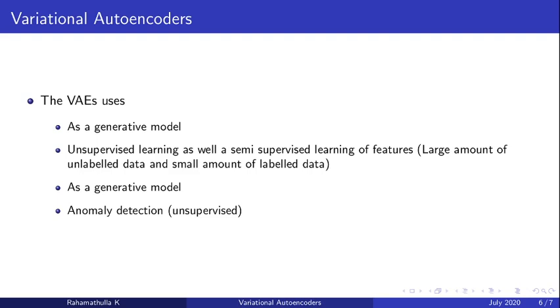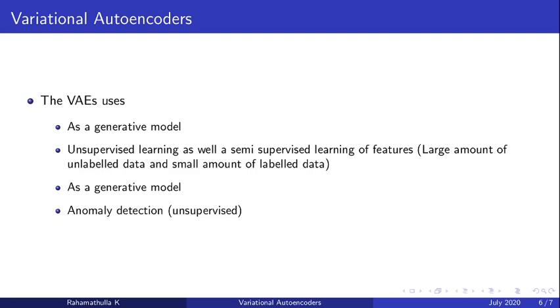Variational autoencoders are used as a generative model, that is for generating synthetic or realistic data which looks like your input data. They can also be used for semi-supervised learning of features.